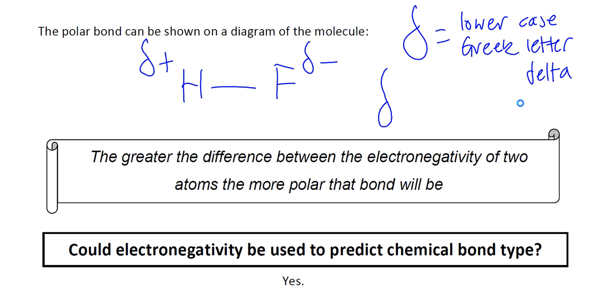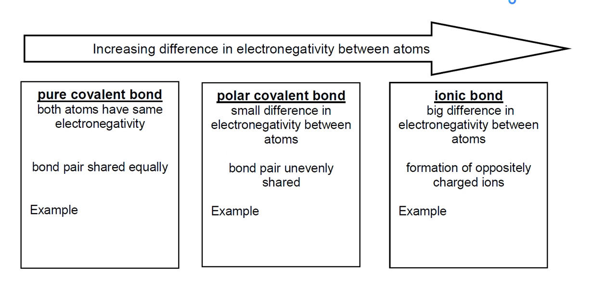Can electronegativity be used to predict the types of chemical bond? Yes, obviously, it's telling us that. That's the interesting thing that we're going to look at. Now, here is the thing. This is the A-level stuff. If we think about a pure covalent bond, so far we've thought, for example, about a chlorine molecule. The bond pair is shared equally because each atom has the same electronegativity.